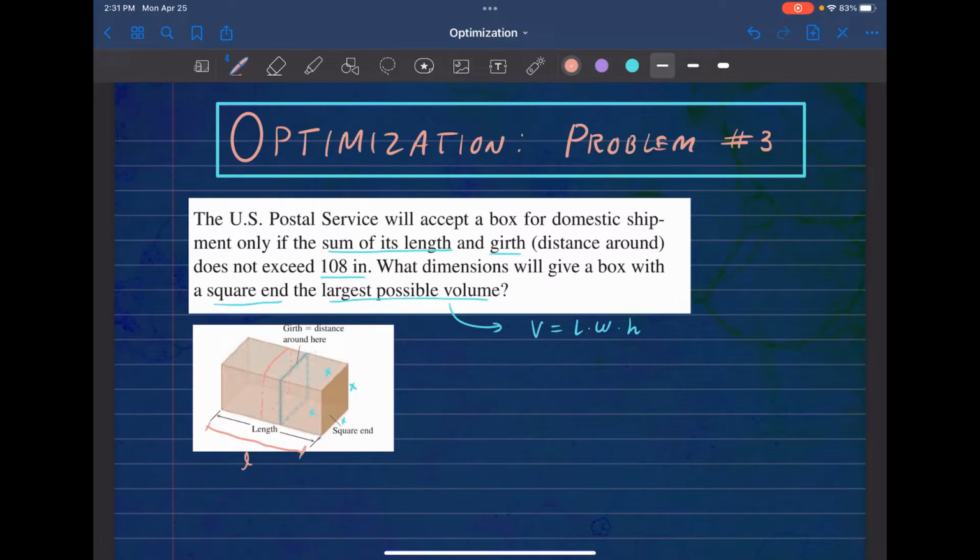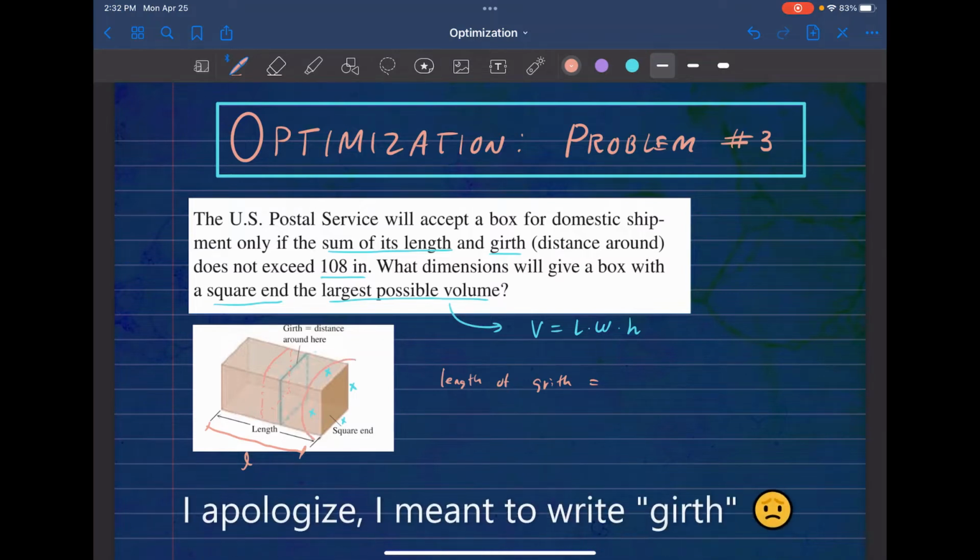Now, if I let x stand for the dimension of the bottom, which is a square, and you're stacking up all the squares to see how large the box has to be so that we can find the largest volume possible. So that means the length of the girth, so the girth is this right here, all of this around it.